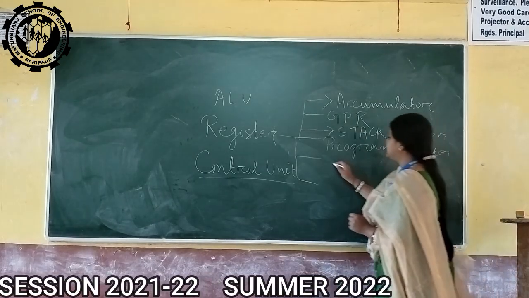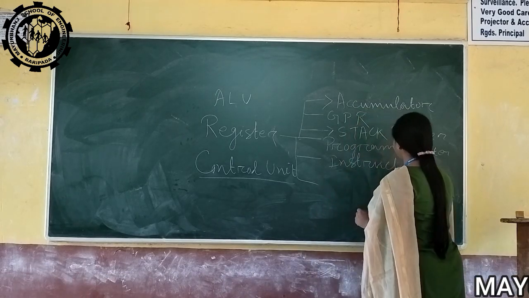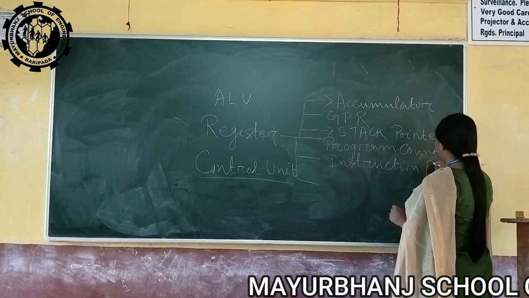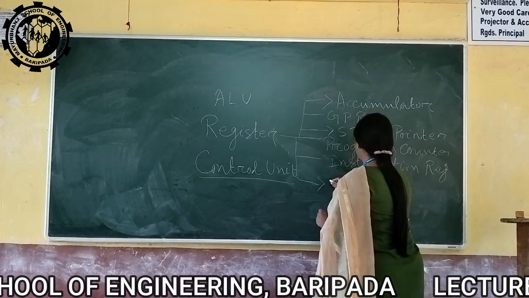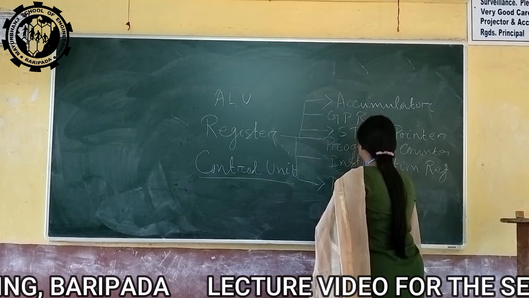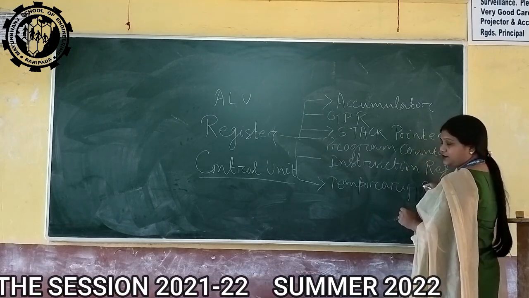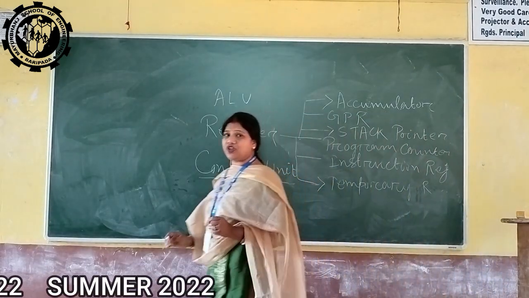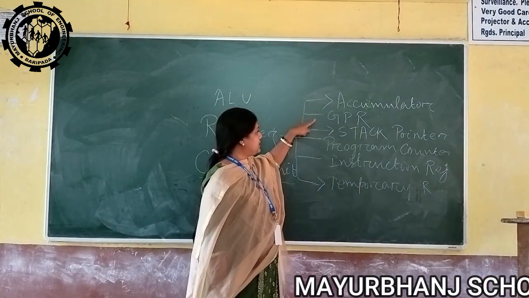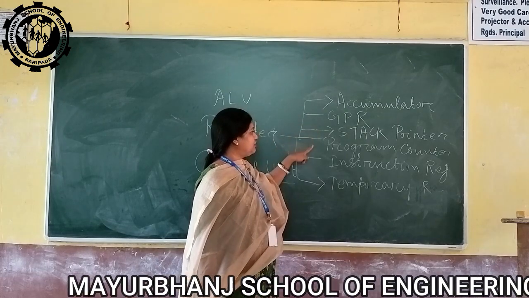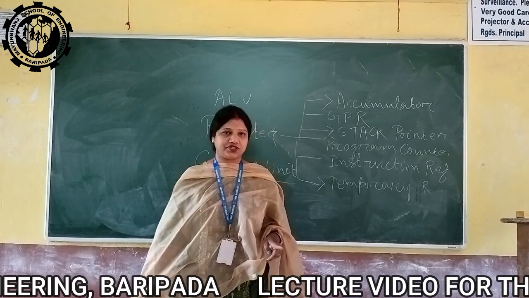The fifth is the instruction register. And the sixth is the temporary register. These are the classification of registers: accumulator, GPR, stack pointer, program counter, instruction register and temporary register.